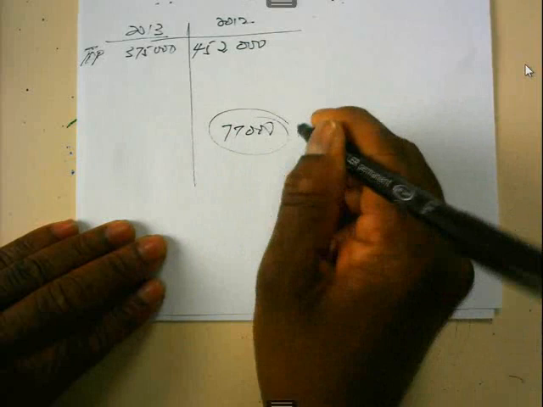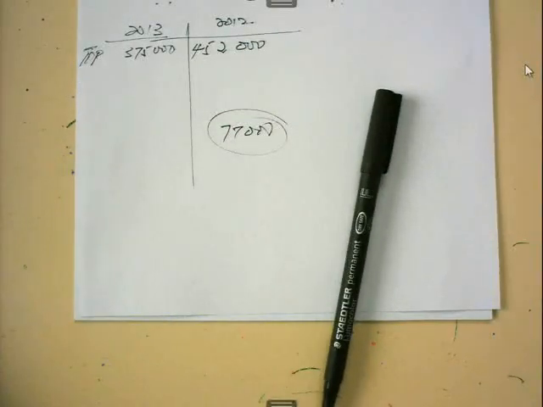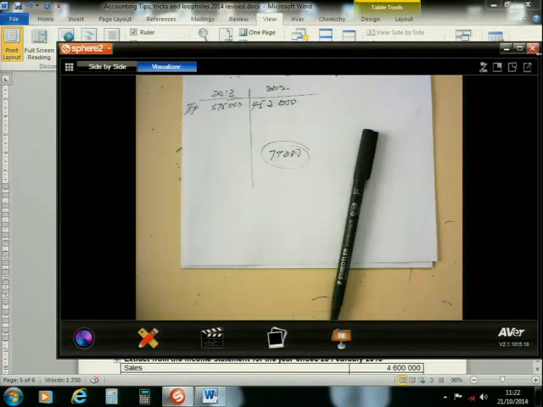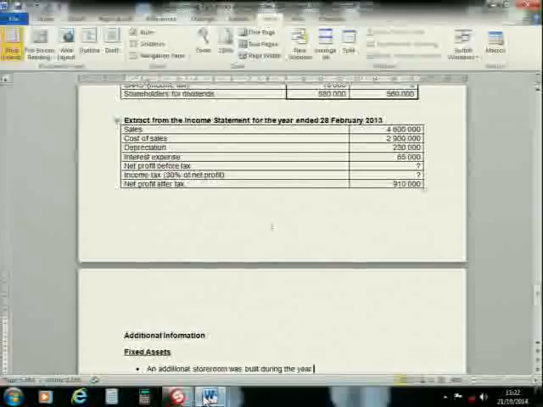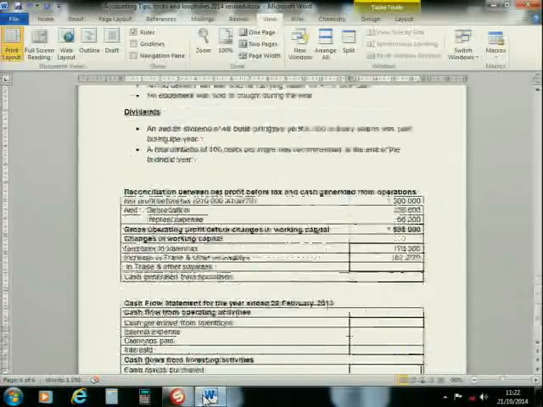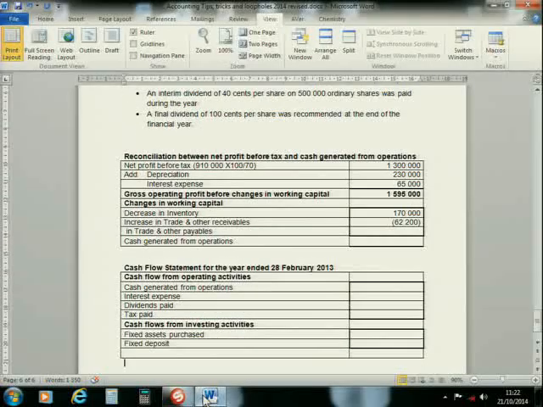And that's the amount that will go to your note, as a decrease in trade and other payables of 77,000.